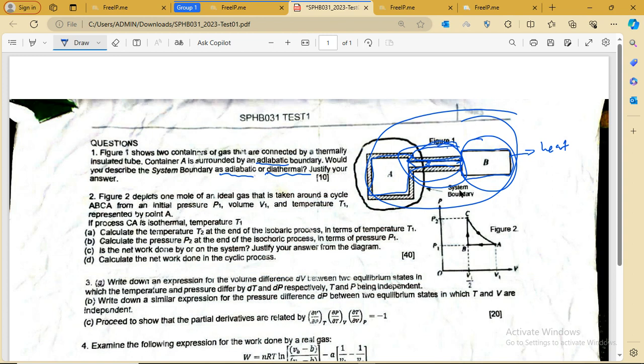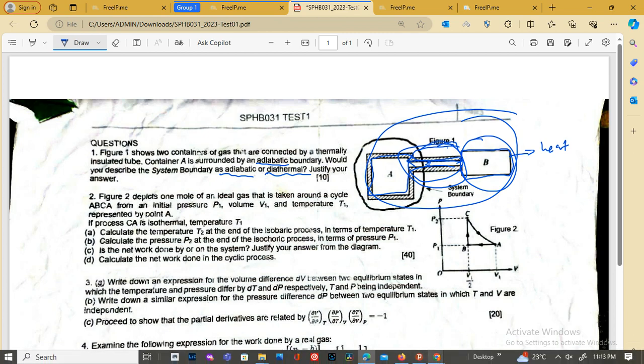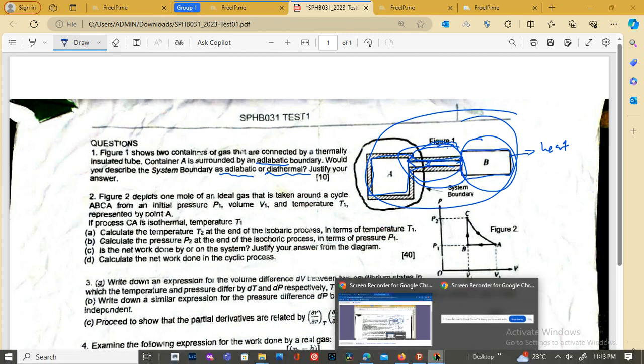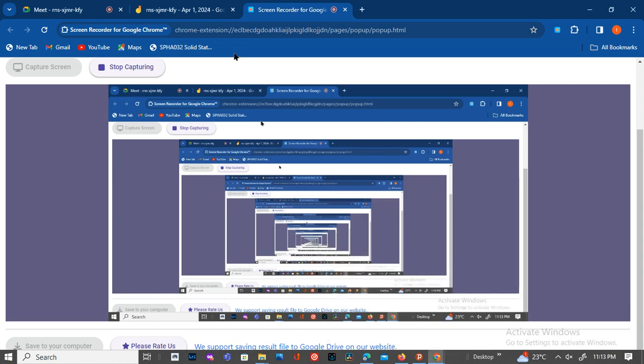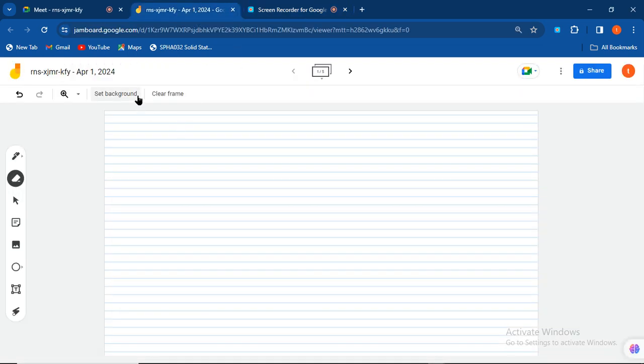Those are the two answers that you can choose one from.